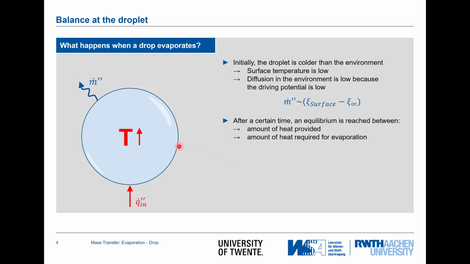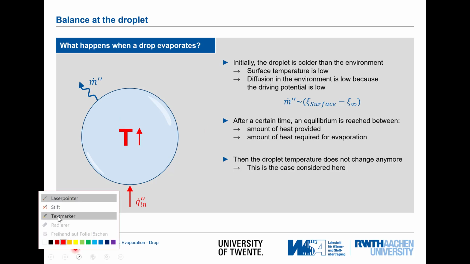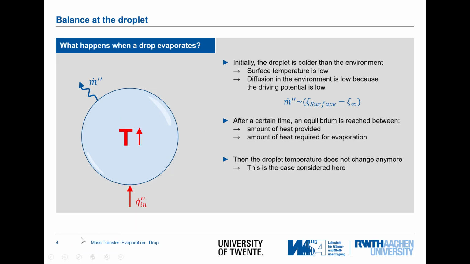Now, after that time, as I described it, we have reached this equilibrium, and this means the amount of heat equals what is consumed for evaporation, and finally the droplet temperature doesn't change anymore. This means that heating up is no longer true, and that's exactly the case that I'm considering. So no heating up anymore.